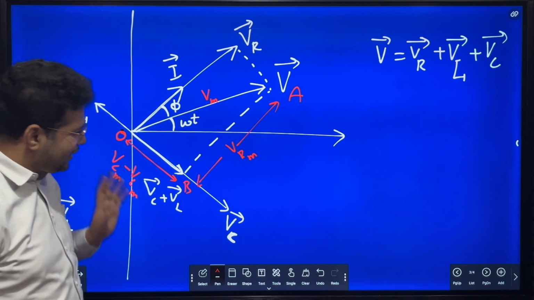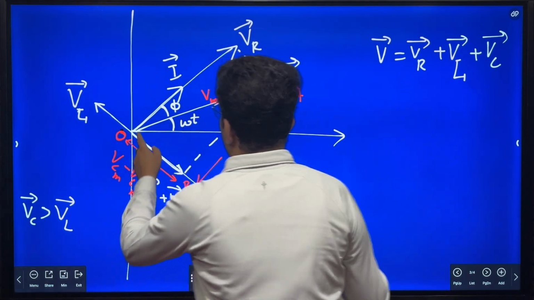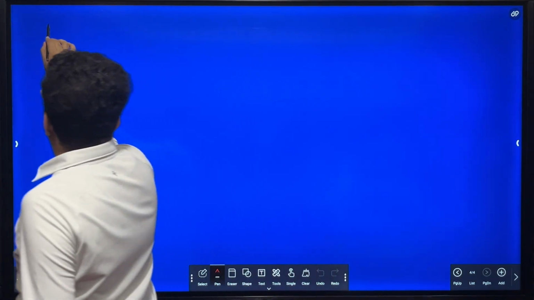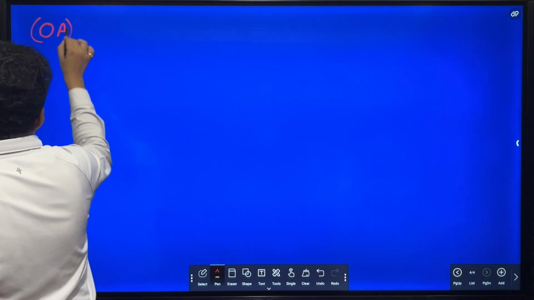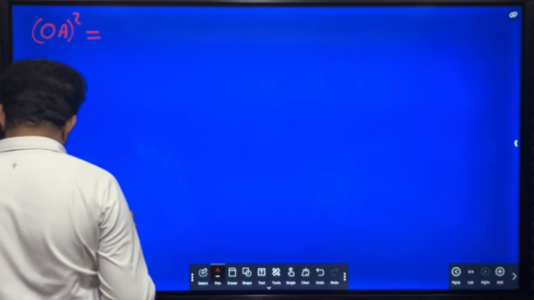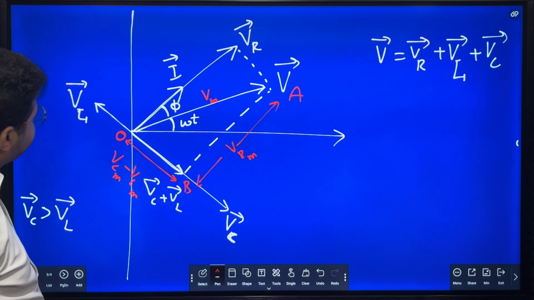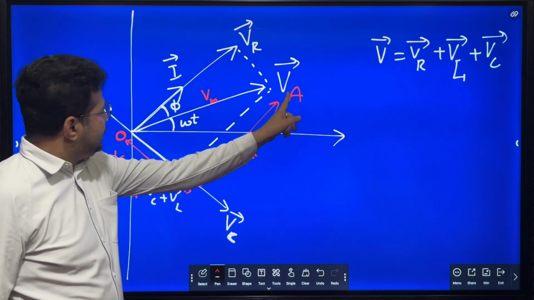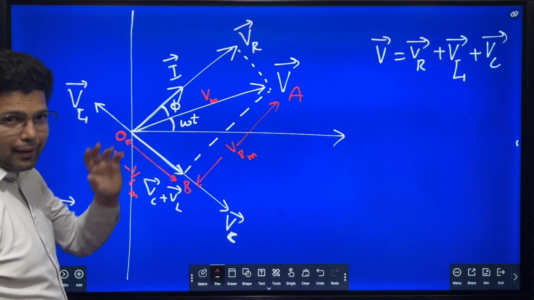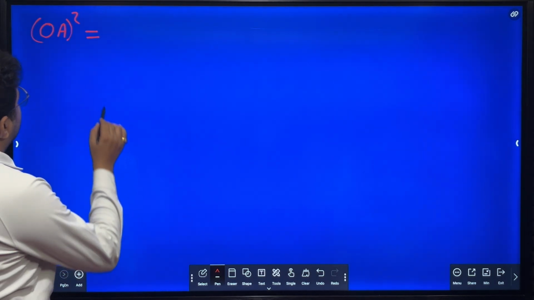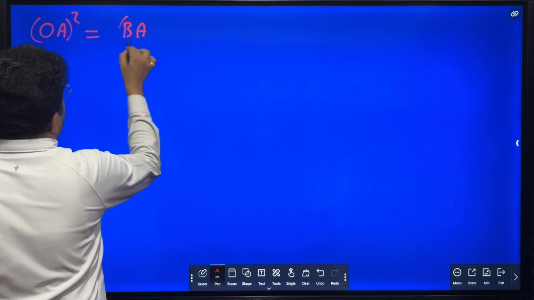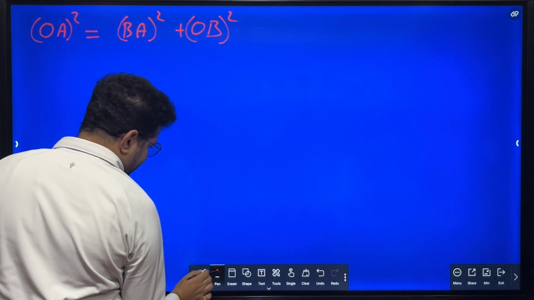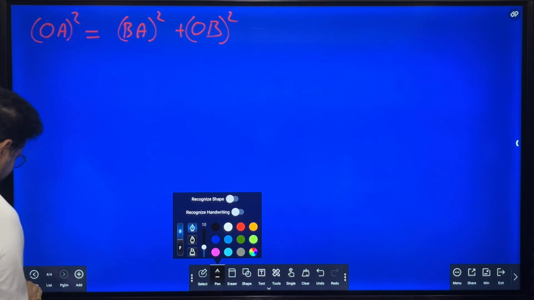In this right angle triangle, I can write OA square is equal to BA square plus OB square.